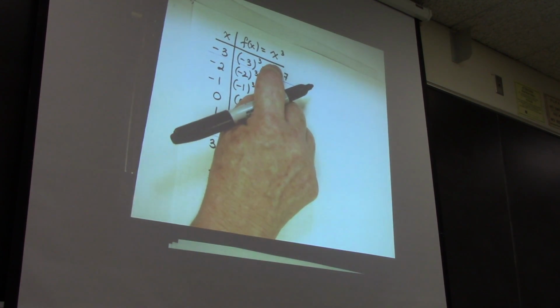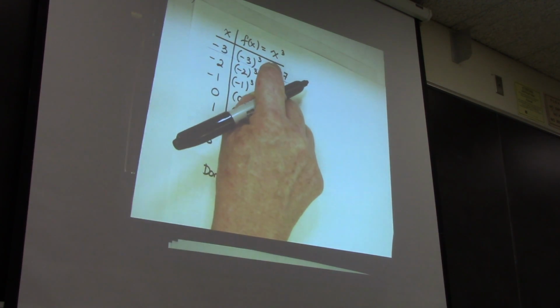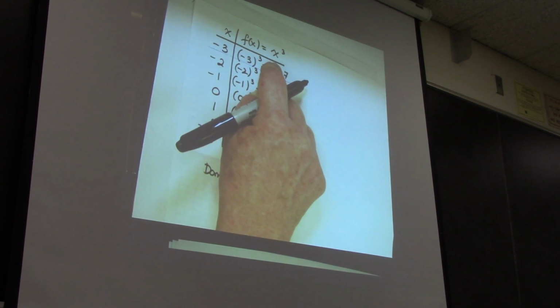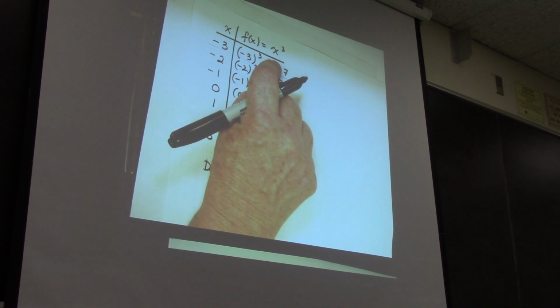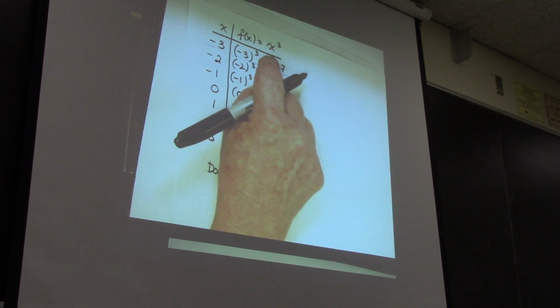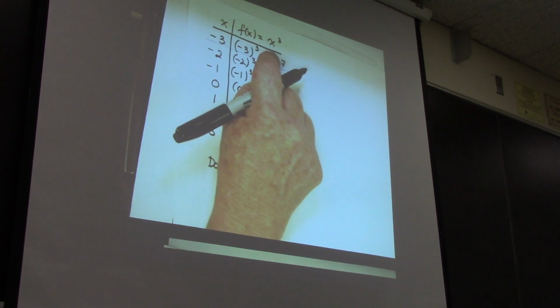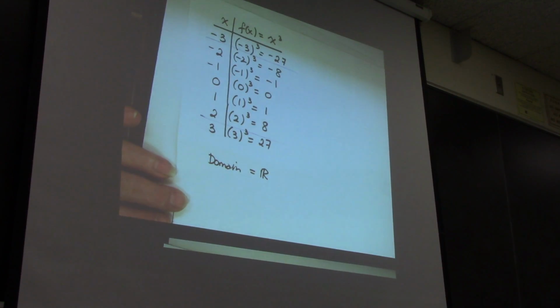Okay, are there any x's in denominators? No, because there's no denominators. Are there any x's under square roots? No, because there's no square roots. Those are the only two things that can go wrong right now. Okay, so I can plug in any x whatsoever and cube it. Nothing's going to go wrong if I take an x and I cube it. So my domain is, again, the set of all real numbers.